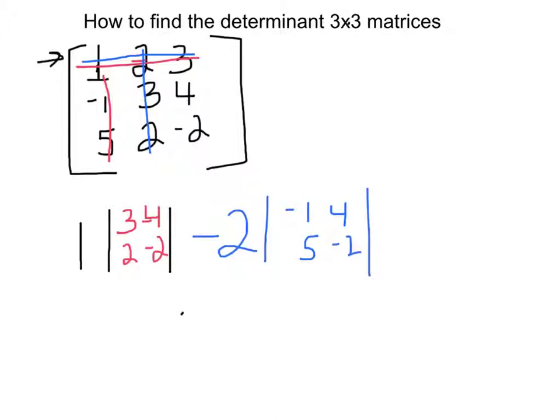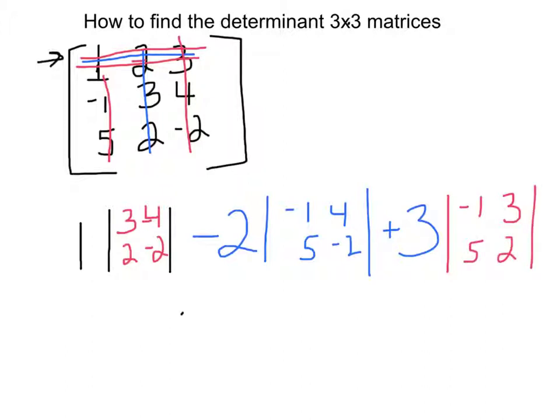And then the last one is 3, so plus 3. And you cross out, and we'll go back to red, that column and that row. And we're left with the 2 by 2 determinant of negative 1, 3, 5, and 2.